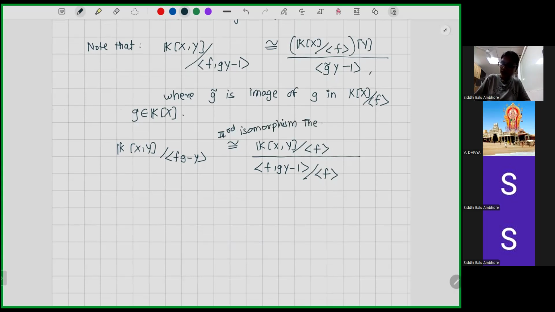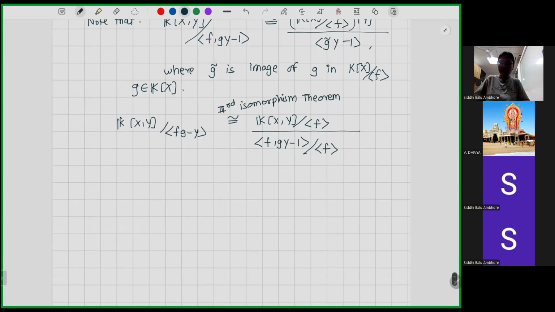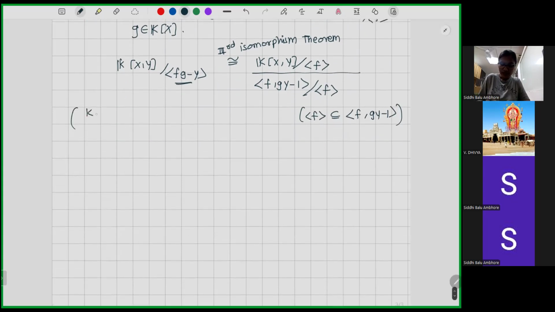We can do this because f is contained in (f, gy minus 1). The statement is: if I have K mod I, then this is isomorphic to K mod J, comma I mod J, but in this case I need to have J contained in I. Then this holds.